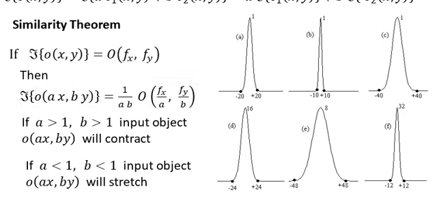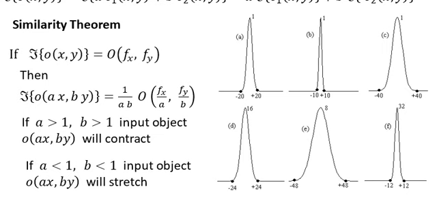So you see that when you multiply x with a and y with b, then in the Fourier domain we have fx divided by a, fy divided by b, and the magnitude is also divided by ab. So we have 1 over ab multiplied by capital O at fx over a, fy over b. This is the similarity theorem.